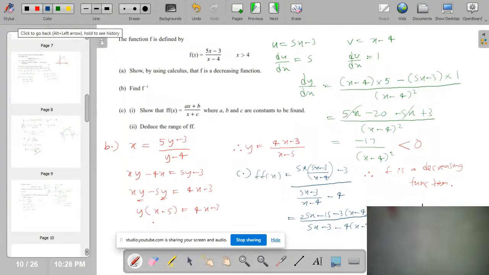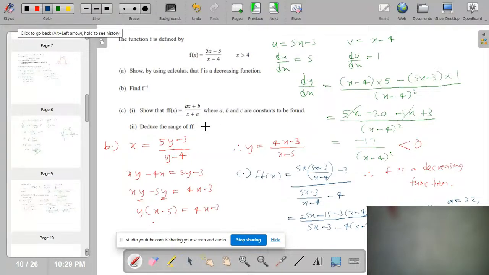So minus 15 plus 12 becomes minus 3, over 5x minus 4x becomes x, minus 3 plus 16, plus 13 by 3. Done. Now you can tell what A, B, C values are. A is equal to 22 and B is equal to negative 3 and finally C is equal to 30. Done.